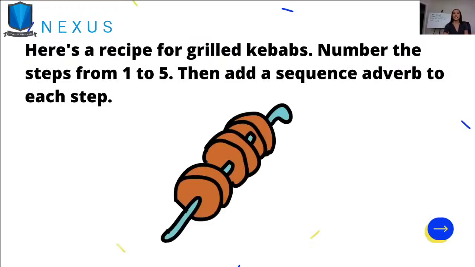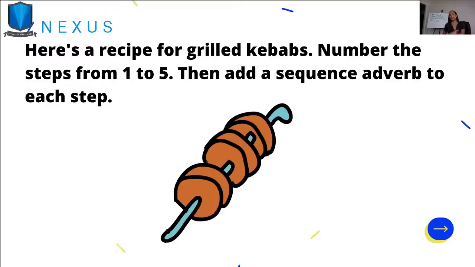Okay, so it says, here is a recipe for grilled kebabs. Number the steps from 1 to 5, then add a sequence adverb to each step. So this is the meal that we're going to make.